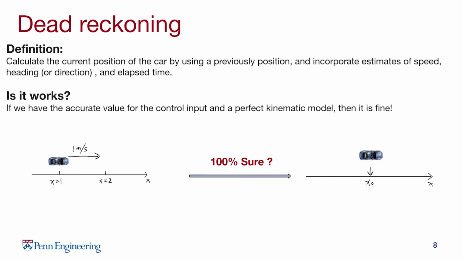If we know our car starts at x equals 1, and our speed estimation is 1 meter per second, and we are 100% sure about this estimation, then it's fine. We can say that after 1 second, the car should be at x equals 2. That's the case if we have a perfect estimation and a perfect kinematic model.